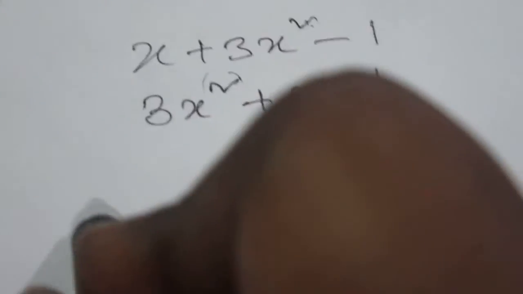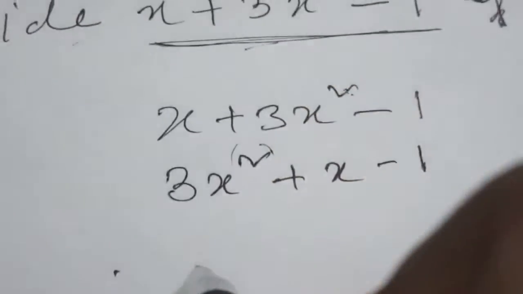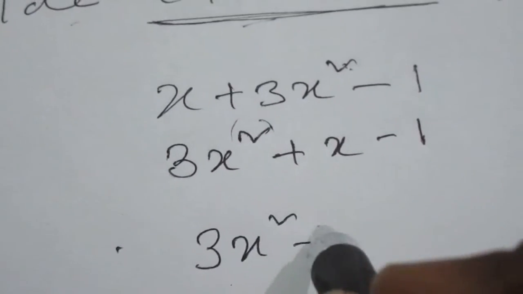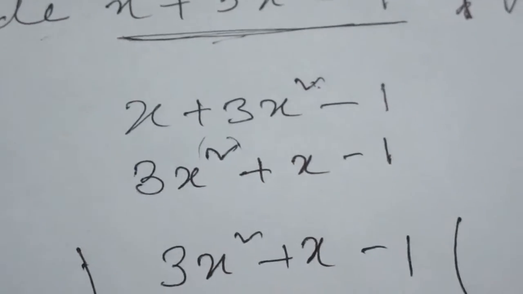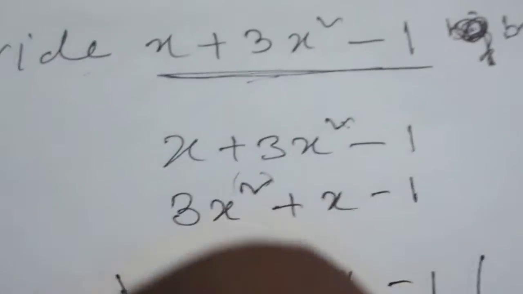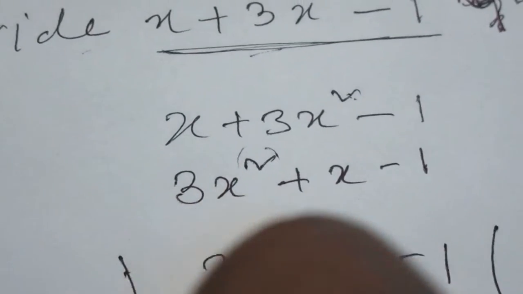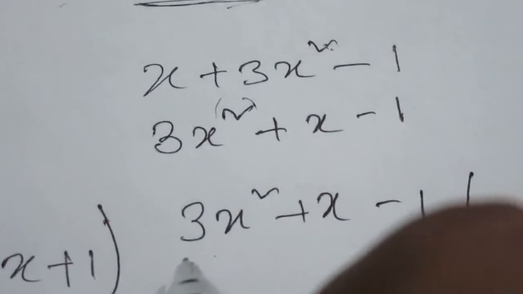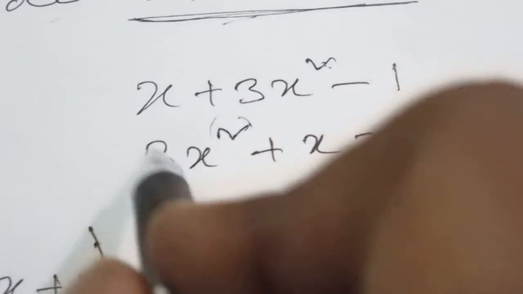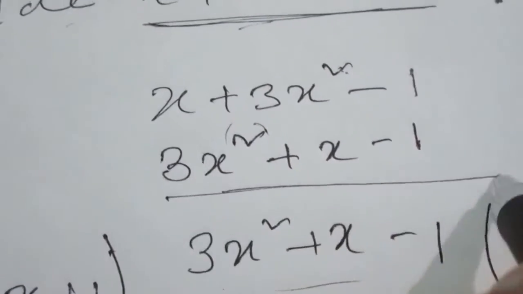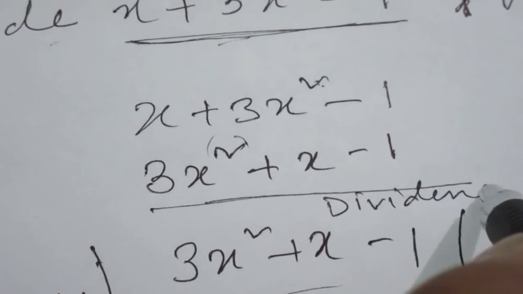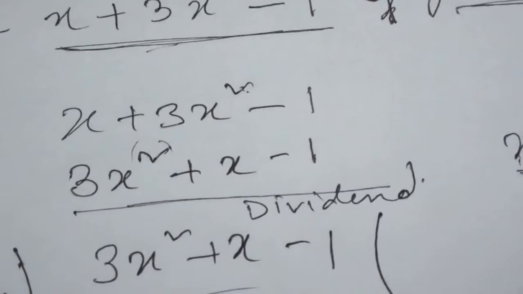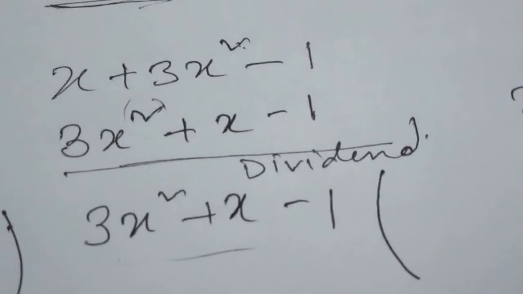Now what we have to do? We have to divide 3x square plus x minus 1 by x plus 1. Okay, so now this polynomial is the dividend, and this polynomial x plus 1 is the divisor.